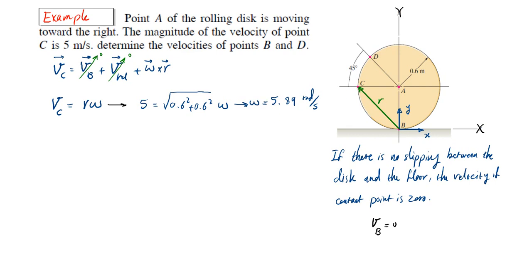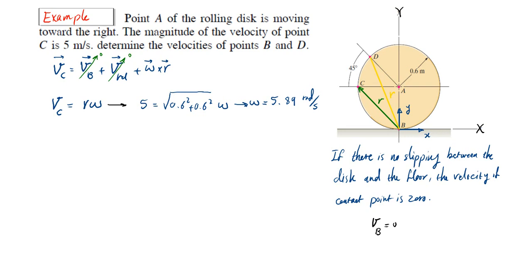I'm going from B, using the same frame, pretty much everything is the same, but now this is my R. So I changed R to this value for the rest of the calculation.